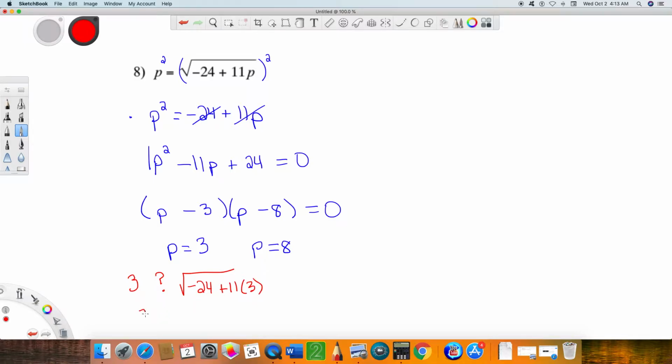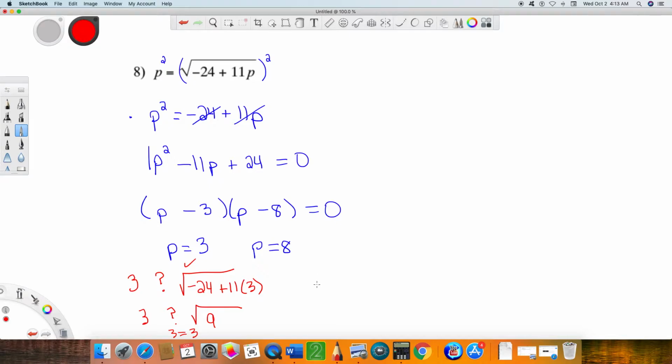So negative 24 plus 33 is 9. And the principal square root of 9 is 3. So this does satisfy that original equation, and 3 is in our solution set.